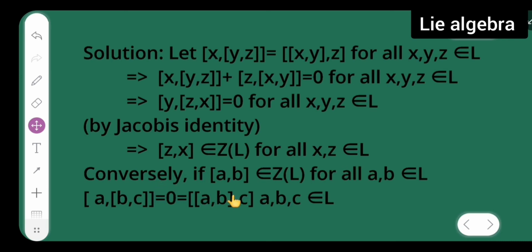If [a, b] belongs to Z(L) for all a, b belonging to L, write down [a, [b, c]] Lie bracket is equal to 0, equal to [[a, b], c] for all a, b, c belonging to L. This is where you have to apply the associative property and then do it.